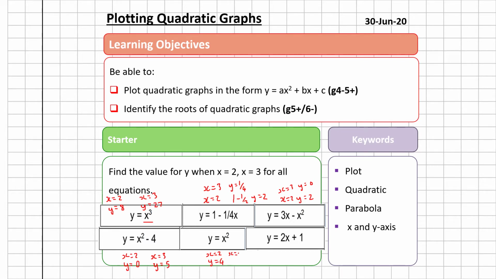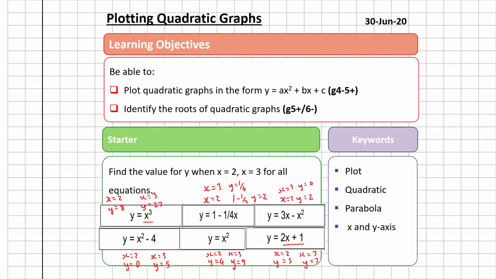When x equals 3, y is going to be 9. And for this you should be very good at these ones. So when x equals 2, you're going to get 2 times 2 plus 1, so y equals 5. And when x equals 3, you're going to get 2 times 3 plus 1, so y equals 7.